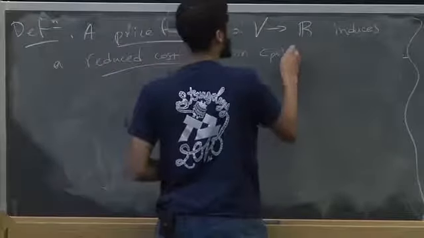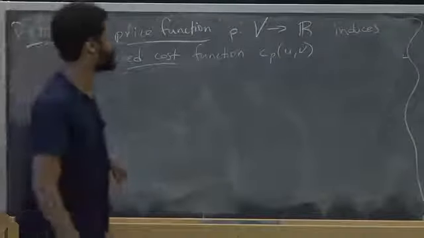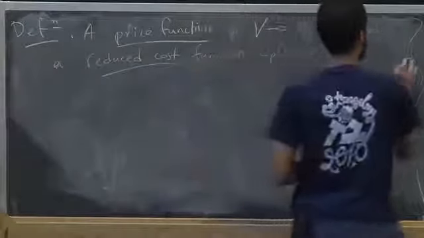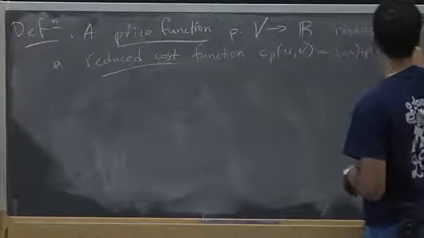So let's say we have an edge UV. Its reduced cost is the old cost, the original cost of the edge, plus the price of V minus the price of U.